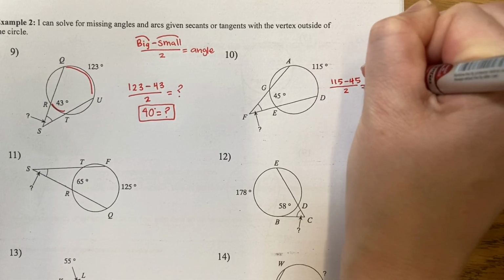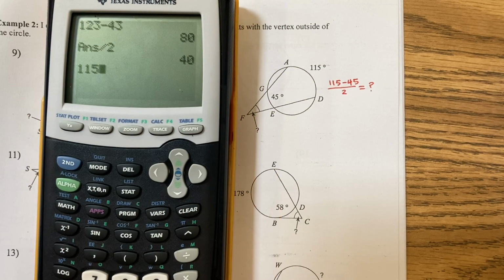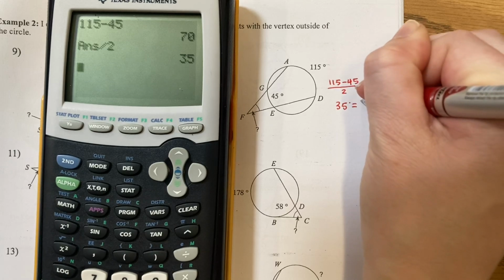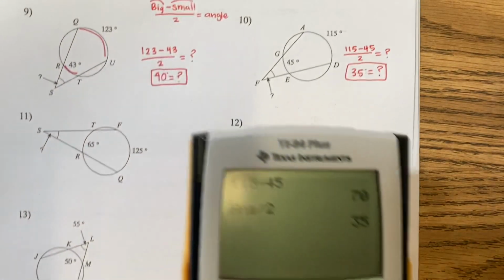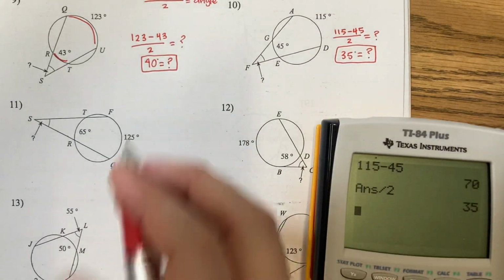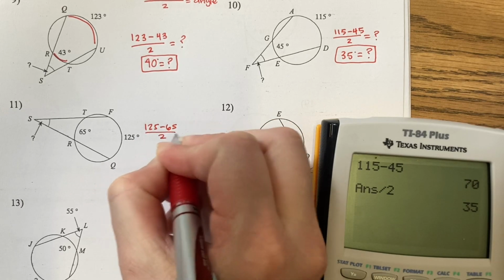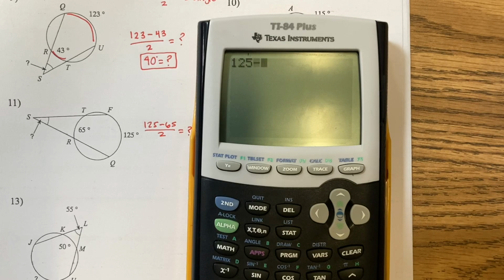Divide by 2 equals the angle. 115 minus 45. Divide by 2. 35 degrees is the missing angle. Big arc minus the small arc divide by 2 equals the angle. 125 minus 65 divided by 2 is 30.